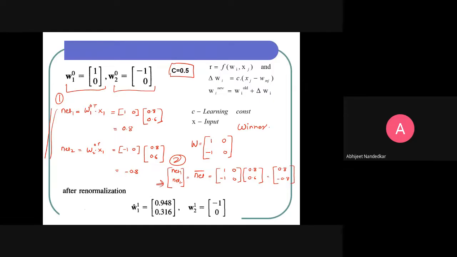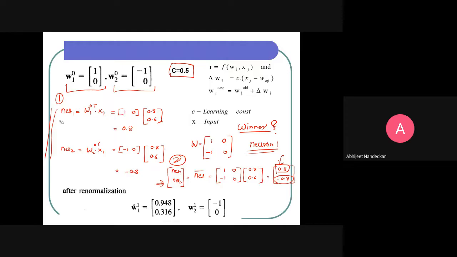Can anybody tell who is the winner? So the winner is neuron number 1. Since its output is 0.8, which is max compared to this, we will now choose neuron number 1 for training purpose.